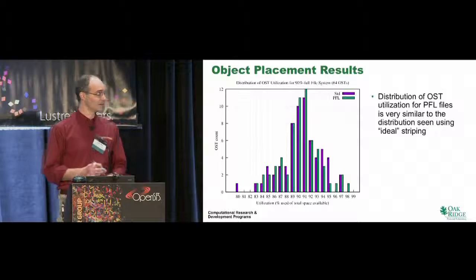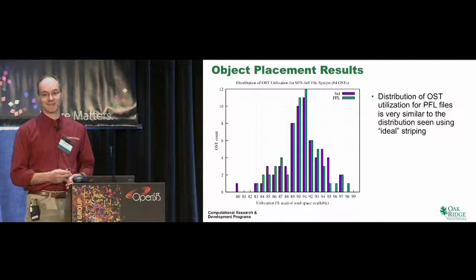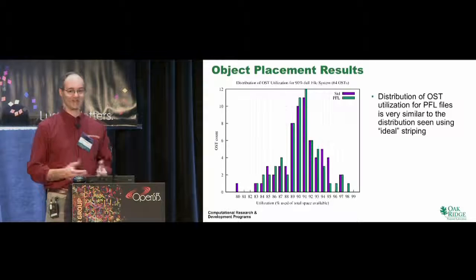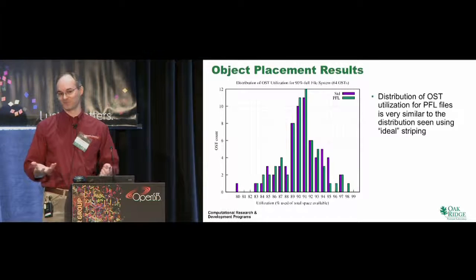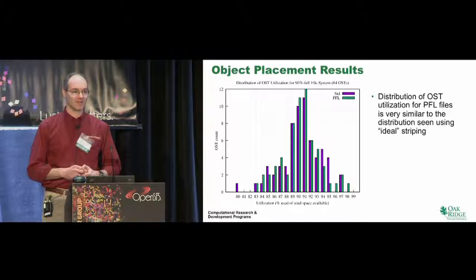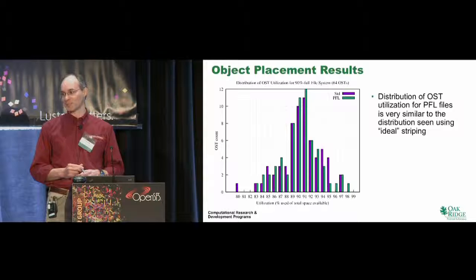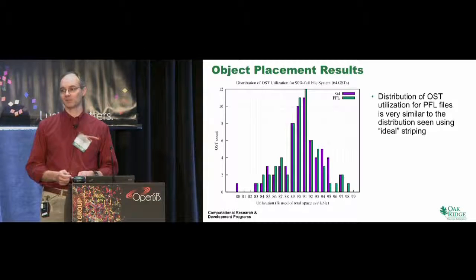As a system administrator, this is a very appealing feature for me because instead of setting a default stripe count of 2 or 4 on my file system, I can create a much more complex layout that changes stripe count as file sizes grow. And so when that person comes in and starts copying over a 4 terabyte file without changing the stripe count from the default, I won't get paged in the middle of the night because my OSTs are filling up anymore.